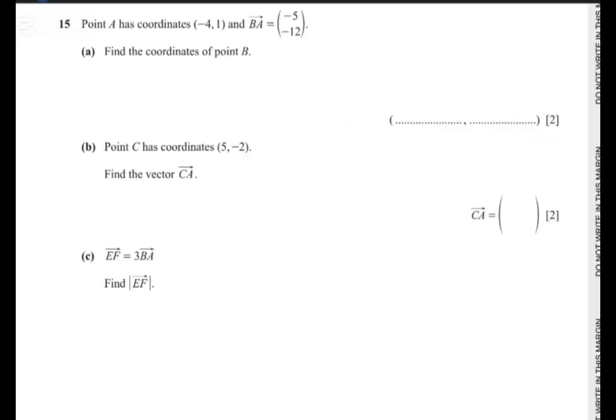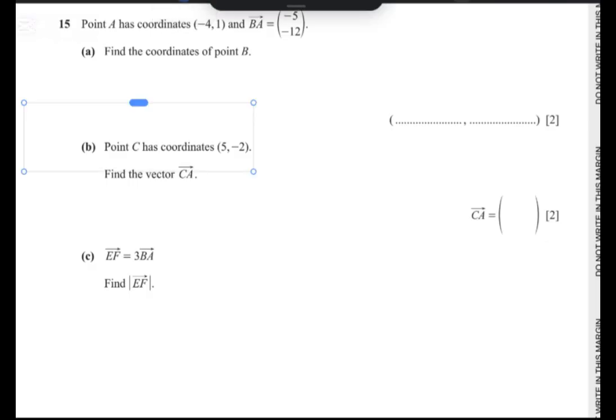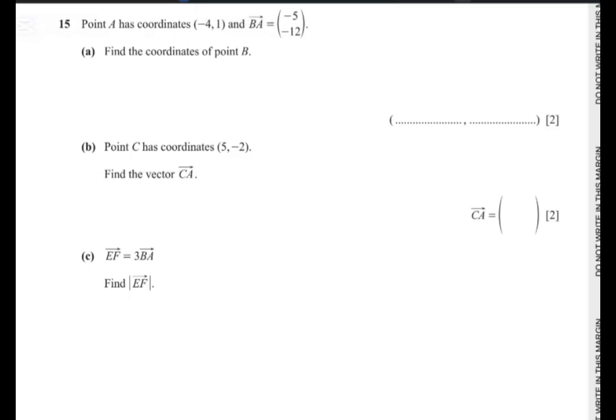Question number 15. Point A has coordinates minus 4, 1 and vector BA is minus 5, minus 12. Find the coordinates of B. Now we'll have to first show what is BA. Let me show you the BA vector here. I'll draw a line. So this is a line.